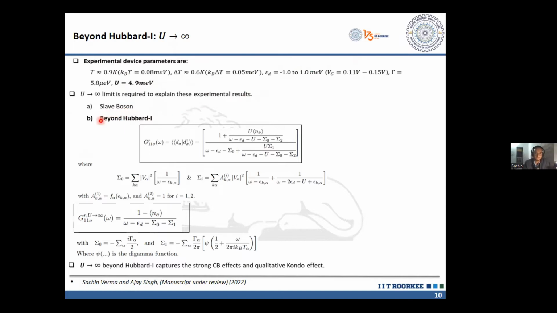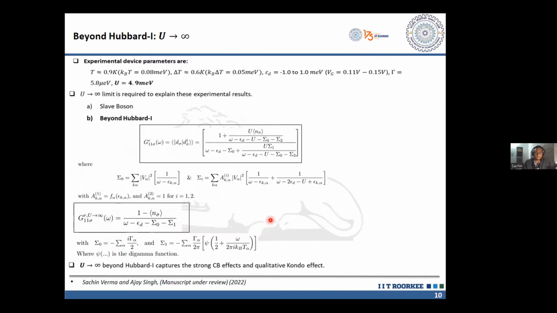We have applied this Hubbard-one or beyond Hubbard-one approximation and calculated these Green functions. Then we consider the U equal to infinite limit in this Green function, and it reduces to a much simpler form where these E0 and E1 self energies are given by these expressions.